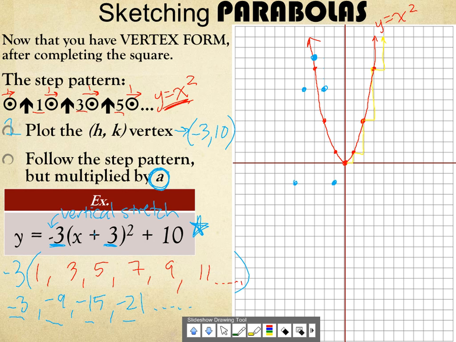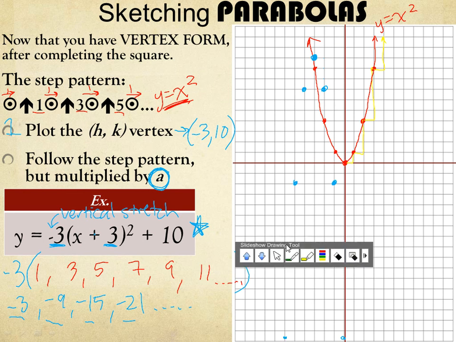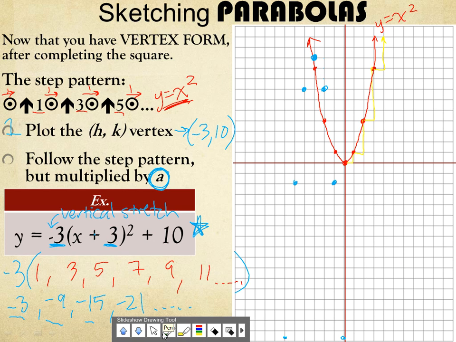And then from there, down 15, and the same on the other side. Now we have our points that we can connect in a curvish sort of fashion, which is really hard to do on this board. Sorry.